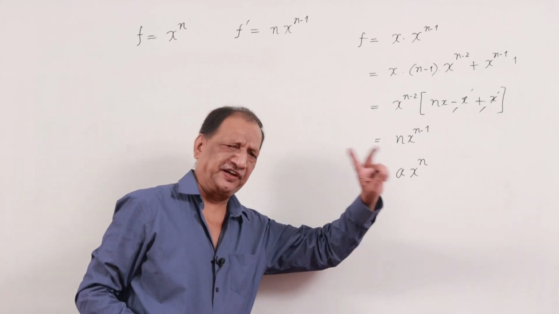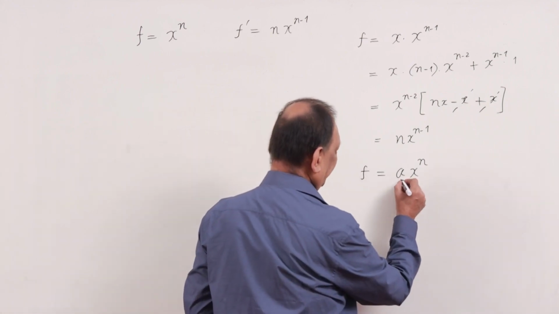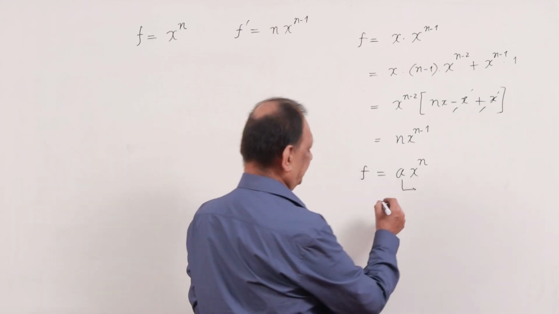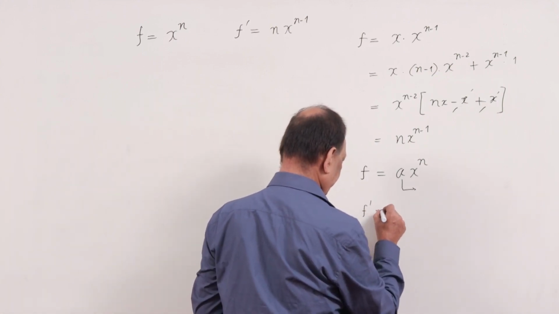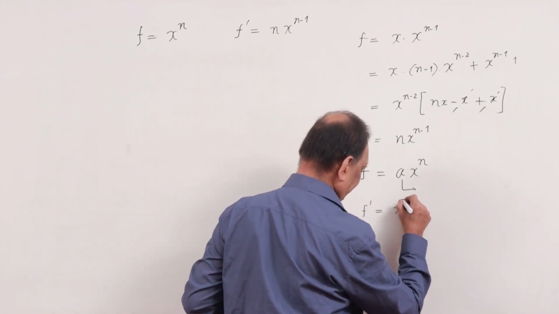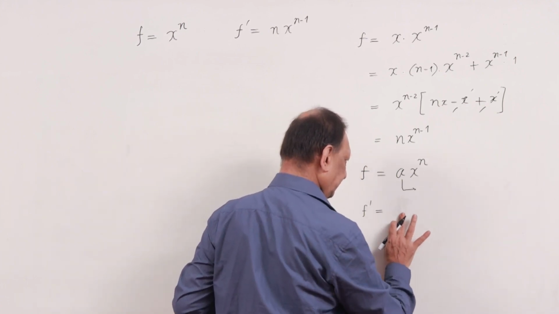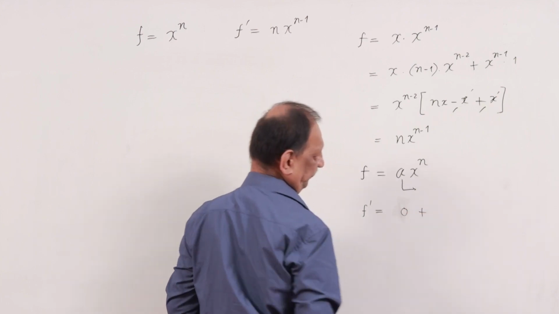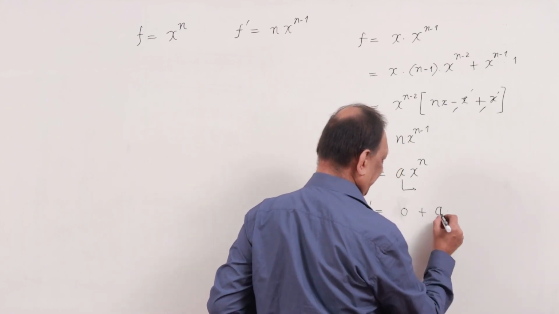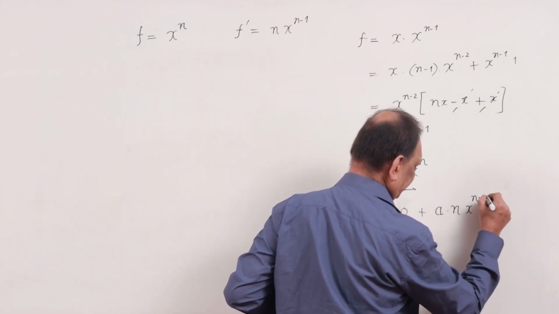I can do a binomial expansion and find the result, but I can apply the product rule also. A is one function which is actually a constant function whose derivative is 0 because it never changes. So therefore, f prime would be derivative of the first function multiplied by the second function, which is x power n itself, which is 0, plus first function multiplied by derivative of the second function, a n x to the power of n minus 1.